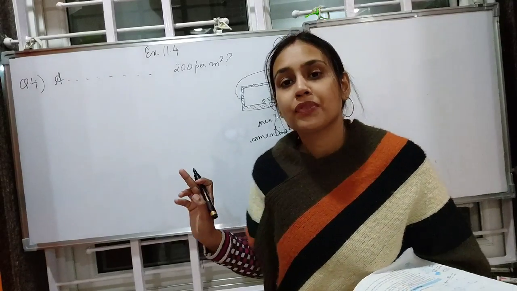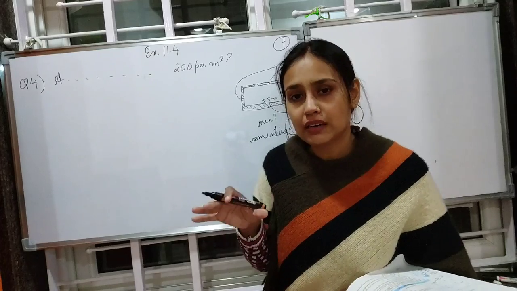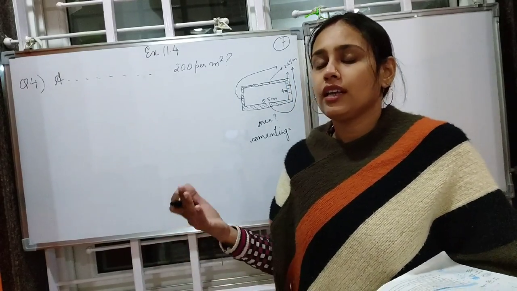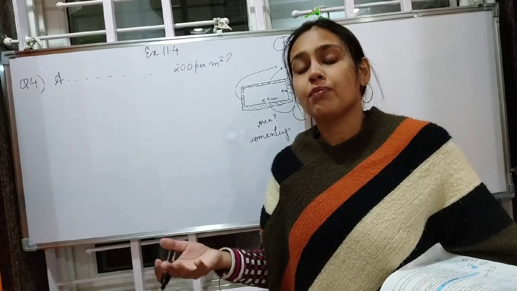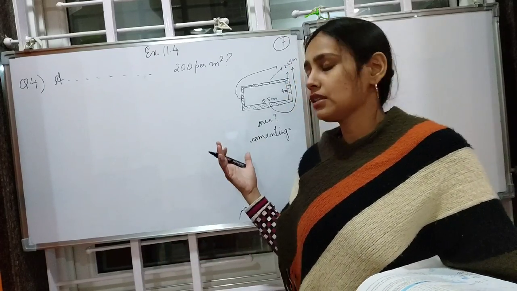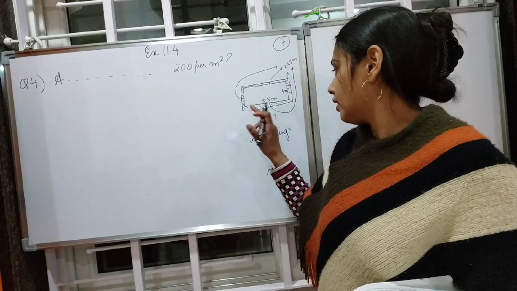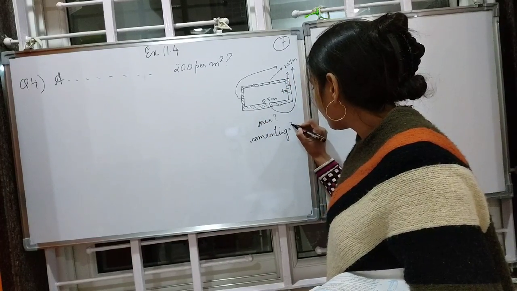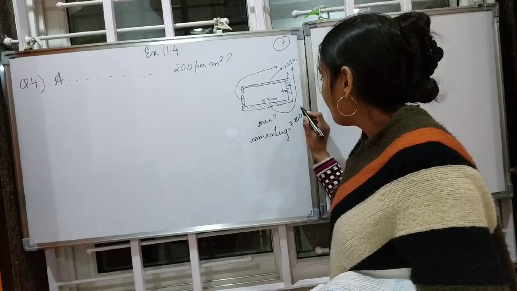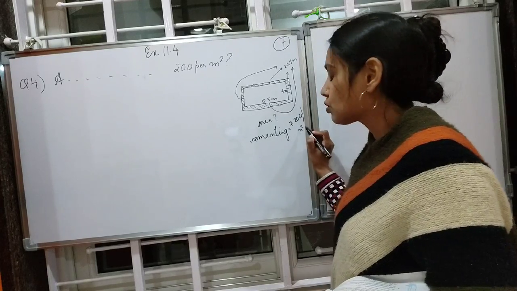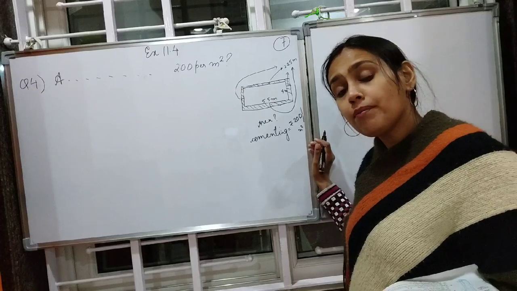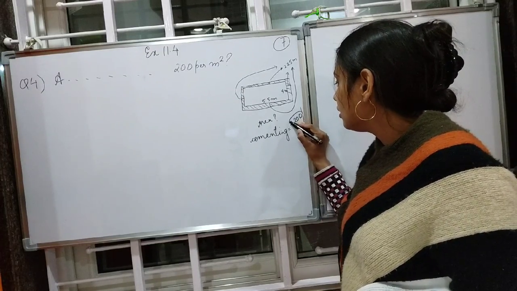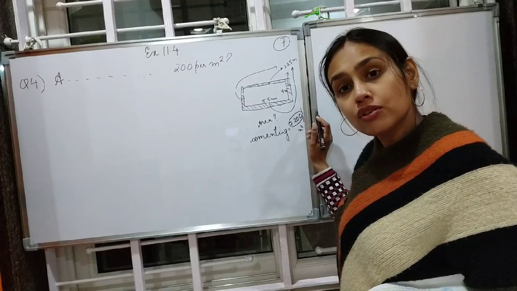So why do we cement the veranda? To make it concrete, so that it's very easy to walk or to sit, or for whatever purpose the person is constructing the veranda. Now the cementing cost is given, children, rupees 200 per meter square. That means for 1 meter square the amount is rupees 200.